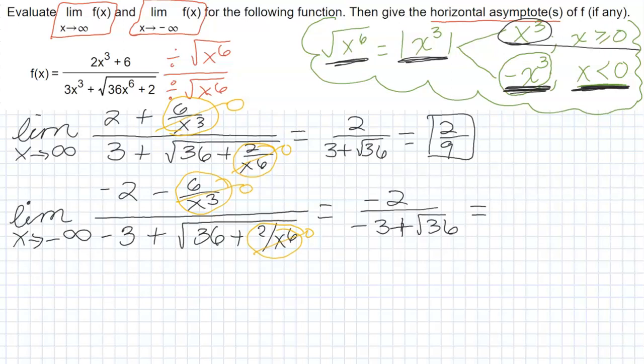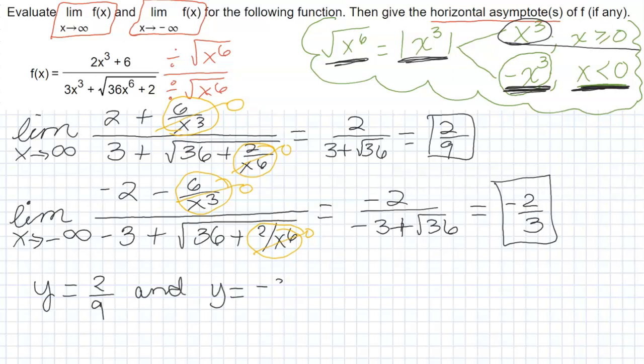So you will have negative 2/3. So you have two different horizontal asymptotes. The line y equals 2 over 9 and the line y equals negative 2 over 3 are our horizontal asymptotes.